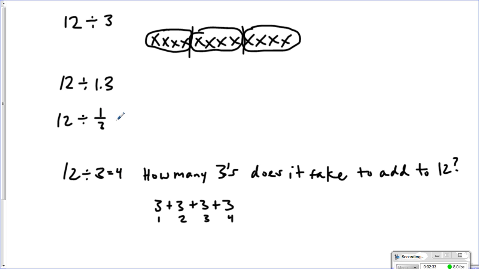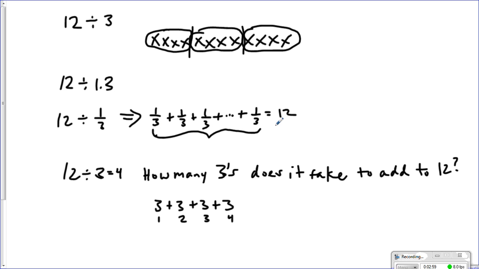Because we can also ask ourselves, how many 1/3's does it take to add up to 12? Well, 1/3 plus 1/3 plus 1/3, we keep on adding until we get to 12. If those 1/3's are adding up to 12 and we ask how many of them there are, those 3 equal 1.